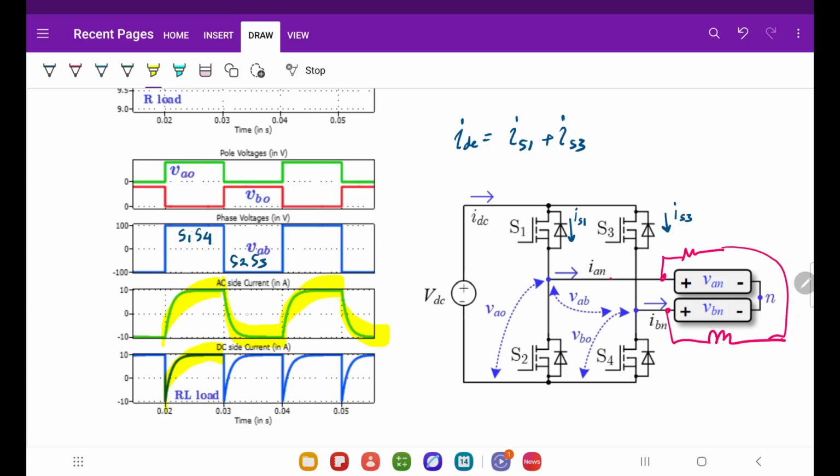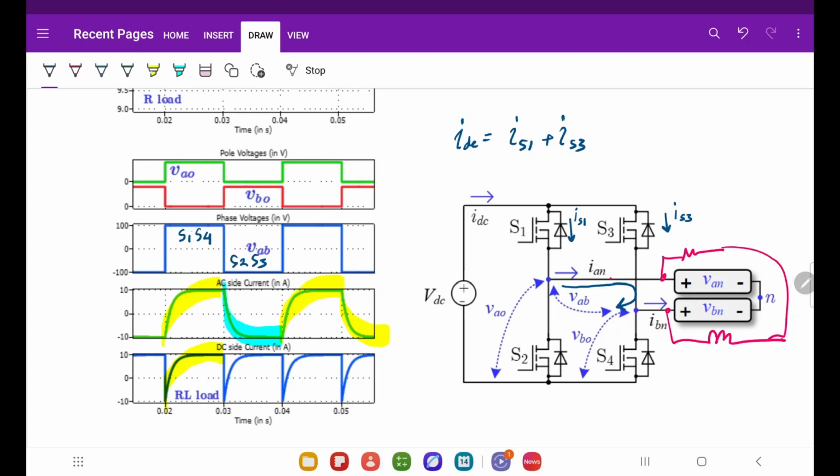However, in the next half cycle, look at the current through S2, this negative current. Let me check the direction of this current, because I have considered my load current in this direction, and IS3 direction I have taken in this manner.